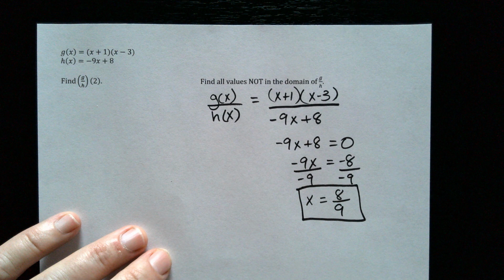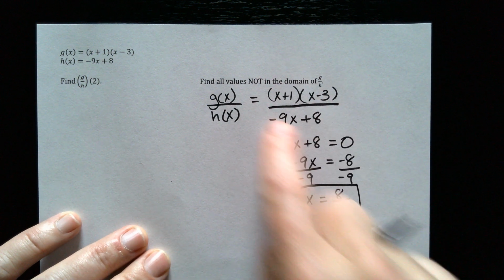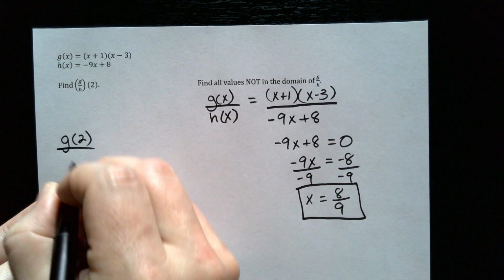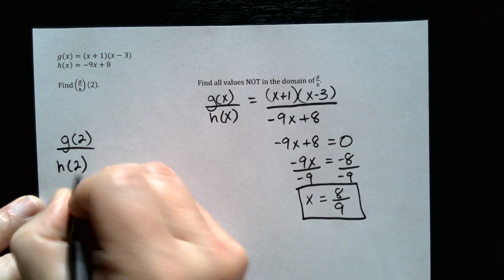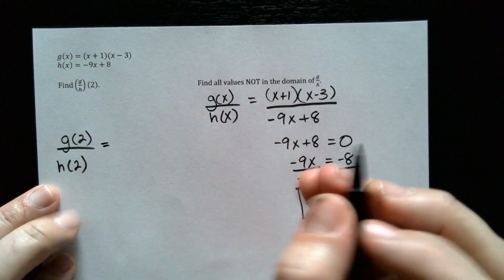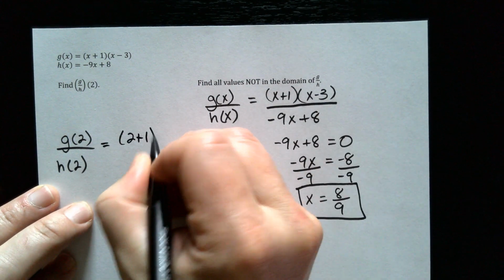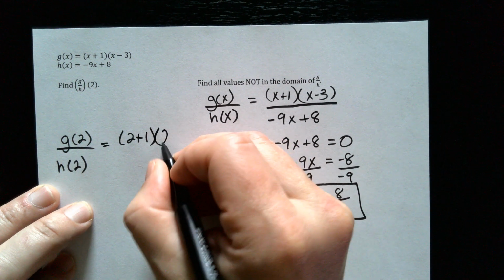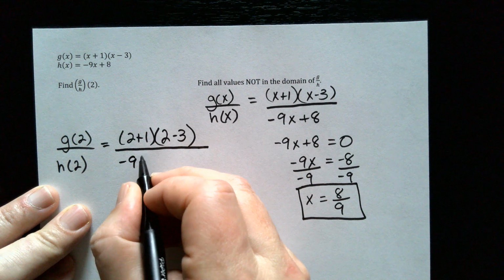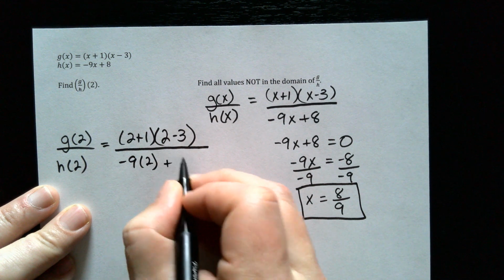Okay. All right. Now that we have the function right here, I can just plug in a 2 to it. So I'm going to do g of 2 divided by h of 2. So I'm basically plugging in a 2 everywhere I see x right here. So that will be 2 plus 1, and then 2 minus 3, and then -9 times 2 plus 8.